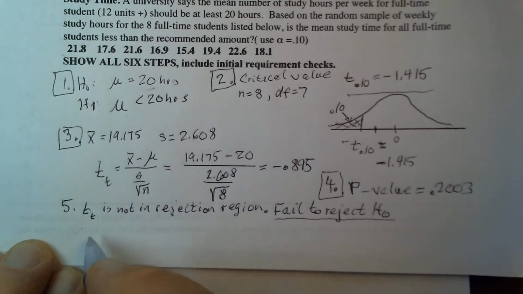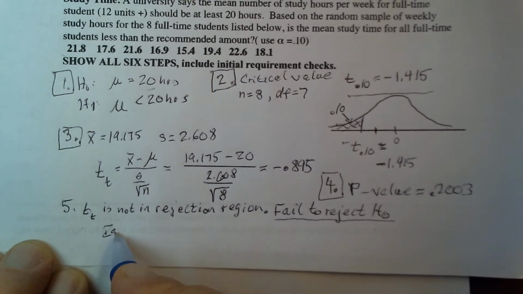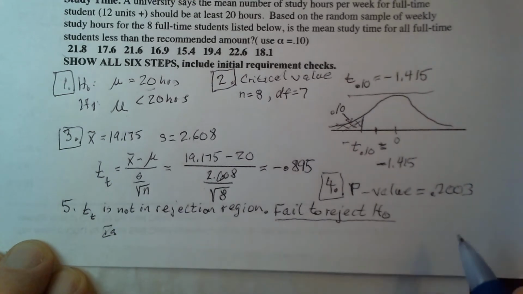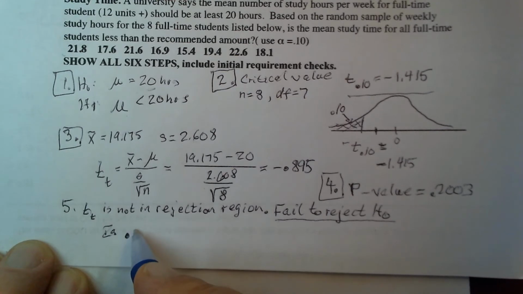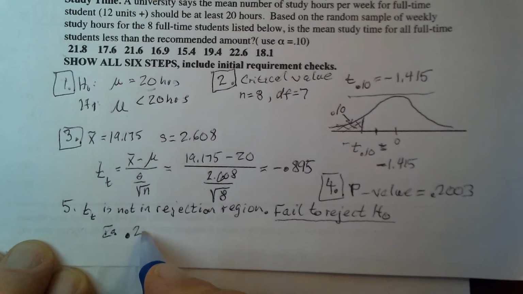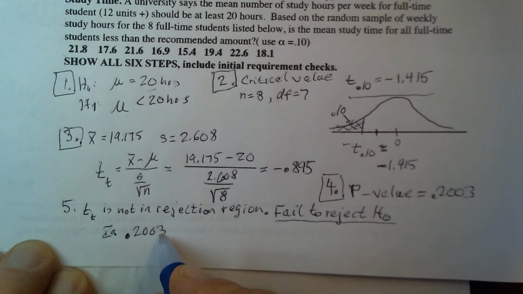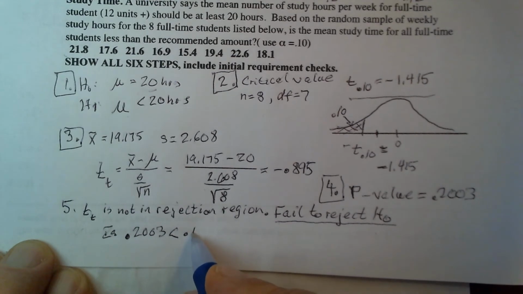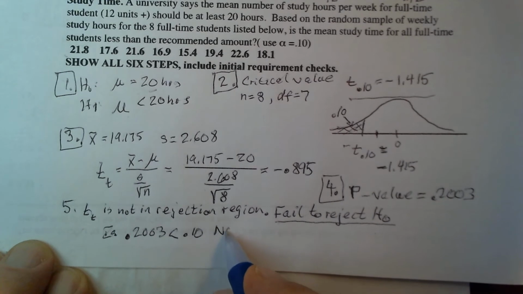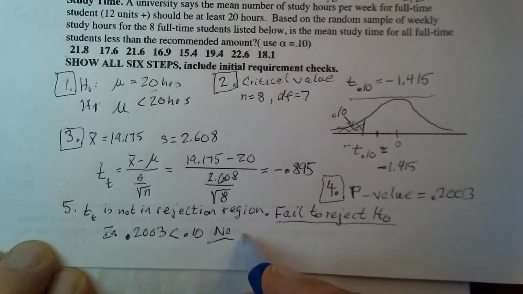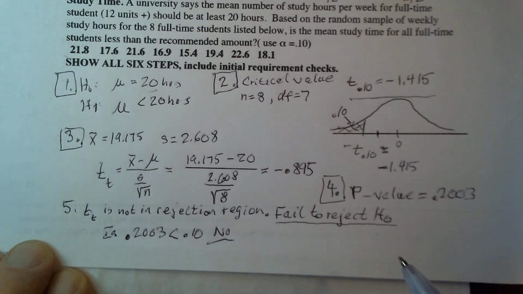Similarly, when we compare the p-value with alpha, we ask, is the p-value 0.2003 less than alpha, or less than 0.10? The answer is no. Again, that's another indication that we fail to reject the null hypothesis.